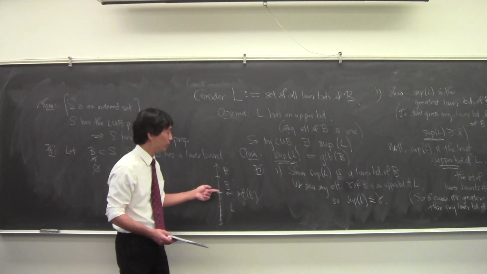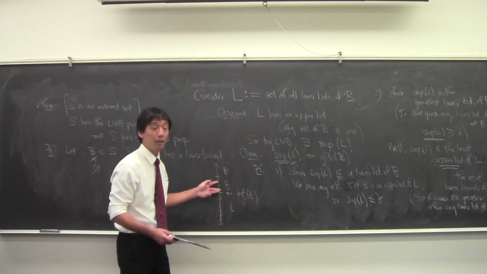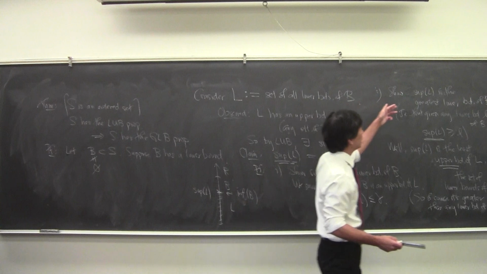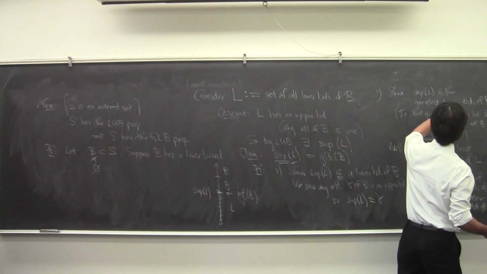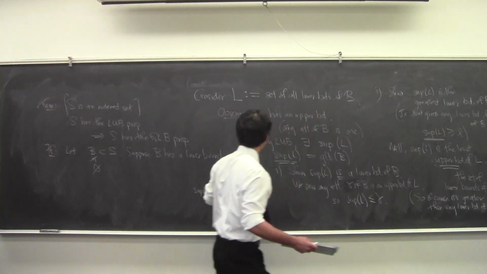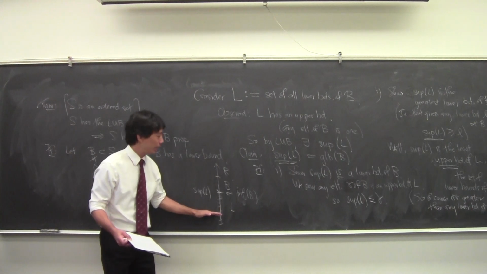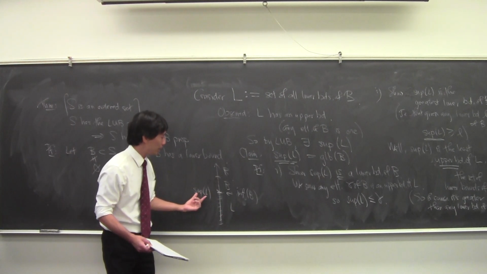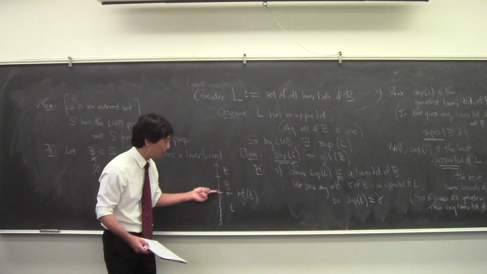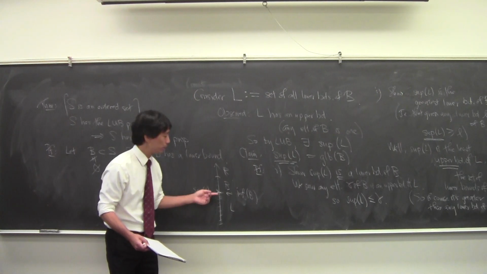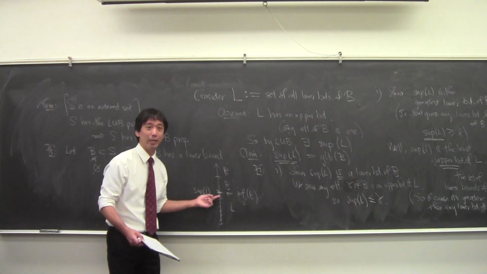And then the second thing we show is that supremum L is the greatest of the lower bounds, but that's by definition. It was the least upper bound of L, so it's going to be bigger than or equal to everybody down here.